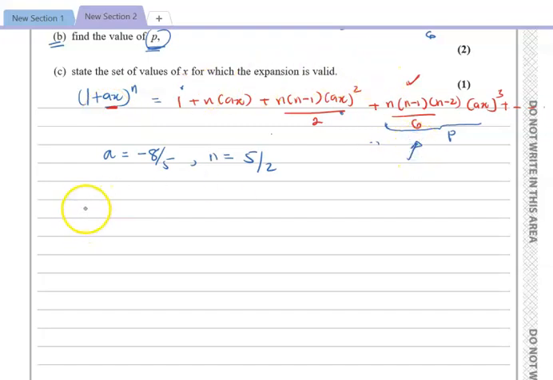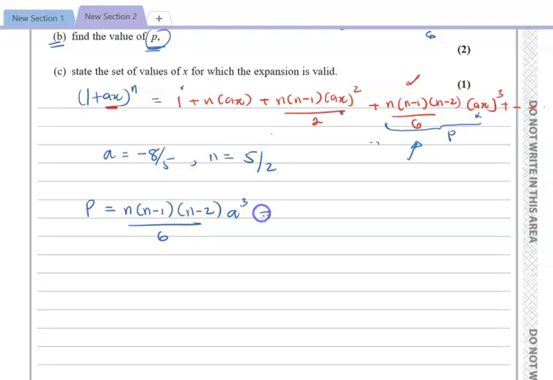So what we have, p is equal to n into n minus 1, n minus 2 over 6 multiplied by a cubed.